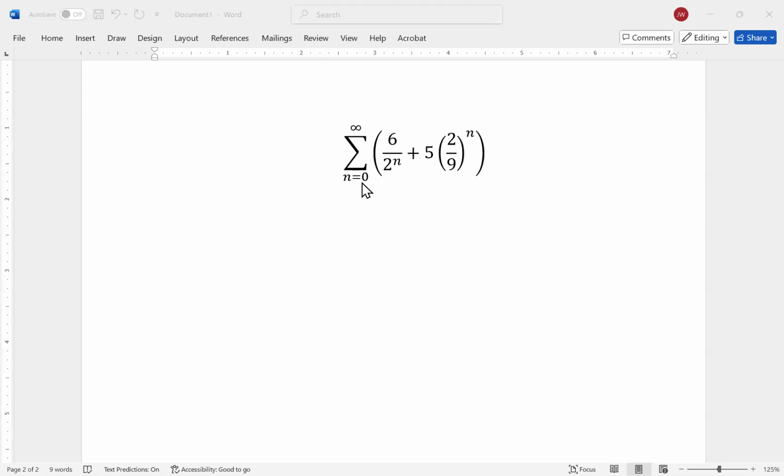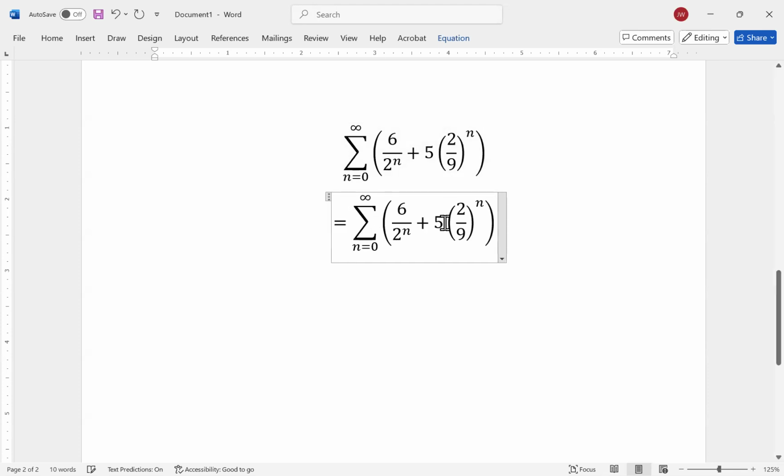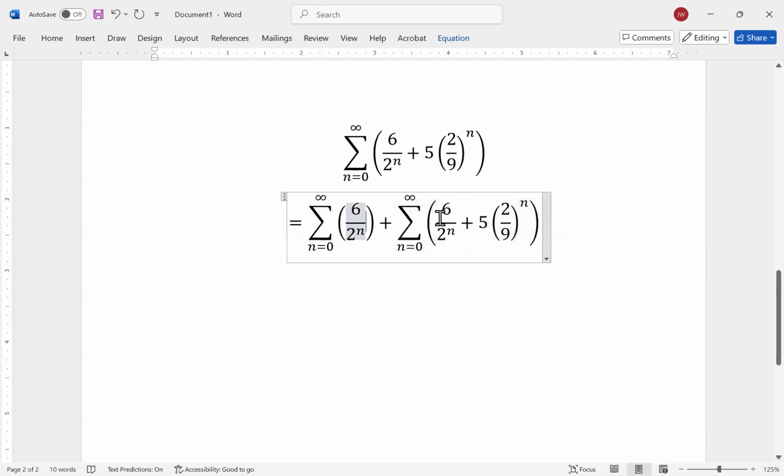So this infinite series looks like we're summing up two different types of terms. So we're going to use our sum difference rule and say that one infinite series is like taking a sum of two different infinite series, one where I use the first term and the other where I use the second term.